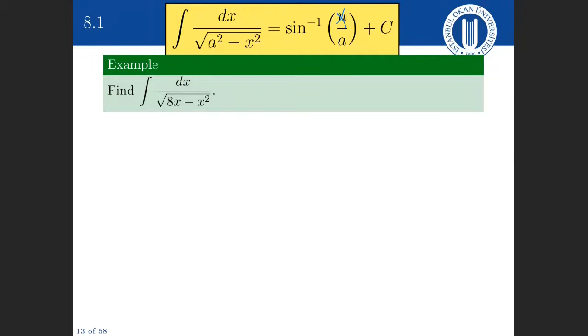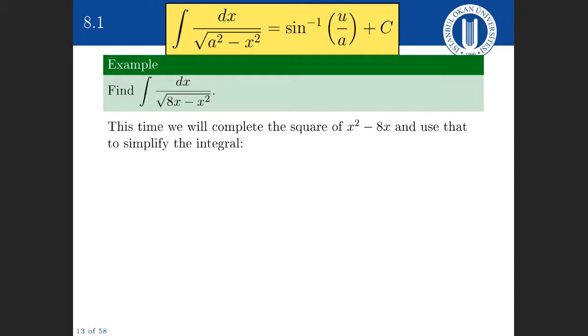We can't use that directly because we don't have a number minus x squared. We have 8x minus x squared. We need to rearrange our integrand a little bit first. What we need to do is we need to complete the square of x squared minus 8x. And the way that we do this is we add on a number and we subtract a number. I'm going to do plus 16 and then minus 16.